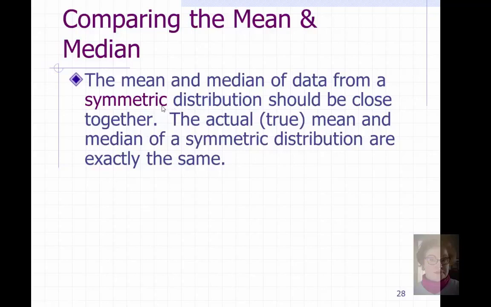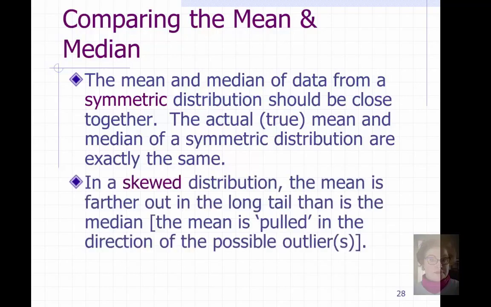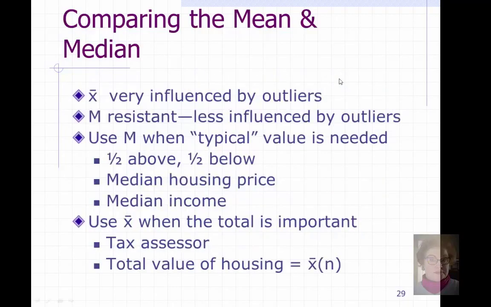In fact, when we have a very symmetrical distribution, the mean and the median are the same. In a skewed distribution, because the mean is not as resistant and is affected by outliers, the mean is pulled in the direction of the extreme value.